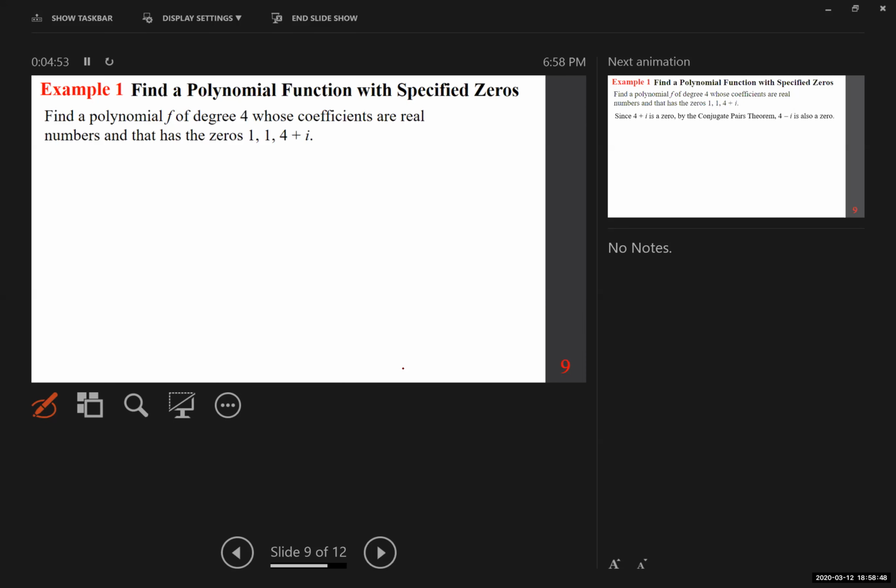Are you with me? This is degree 4, and we need 4. We are given only 1 more. Beautiful. The conjugate of 4 plus i is also a solution. Agreed?